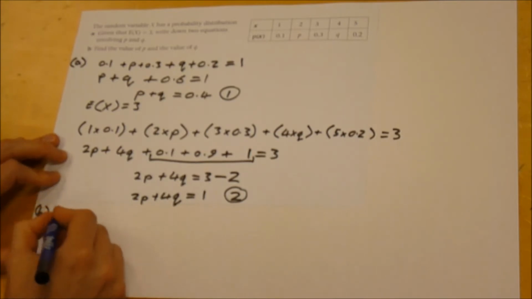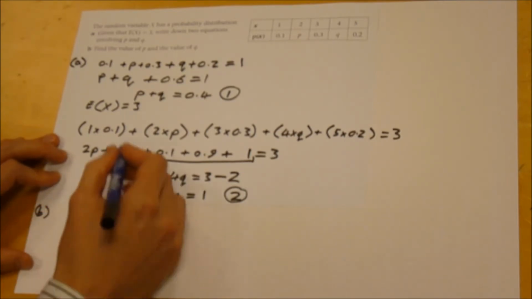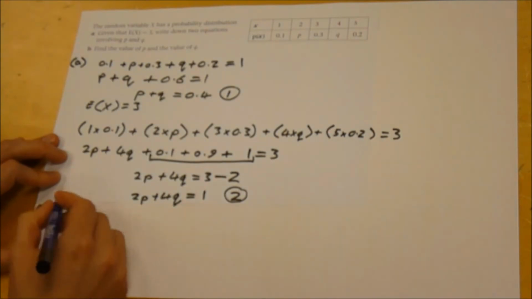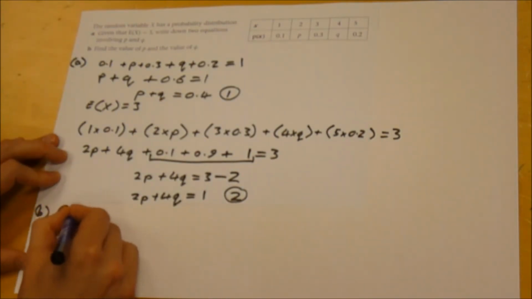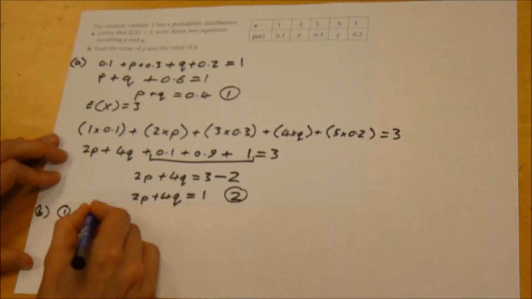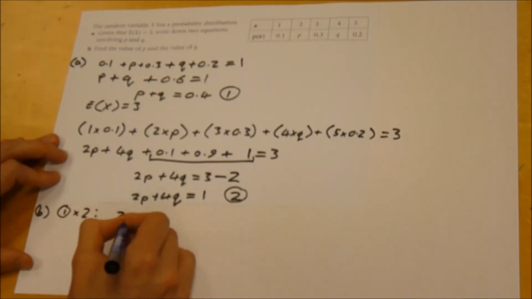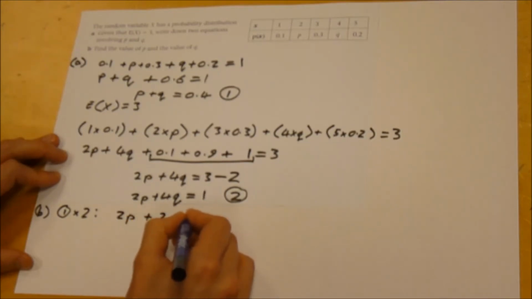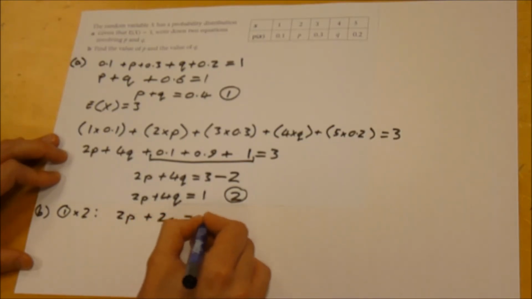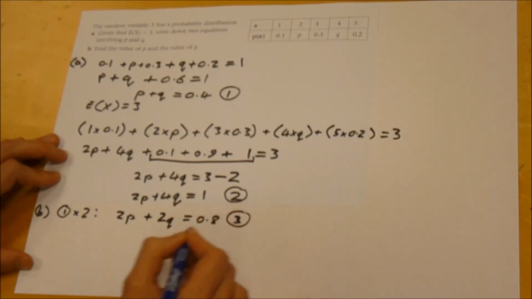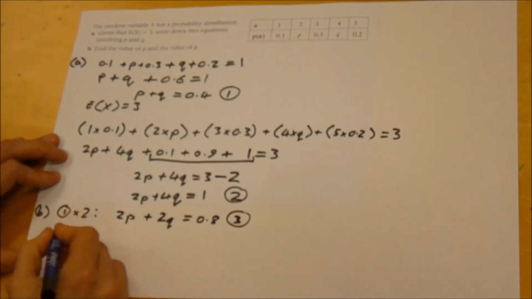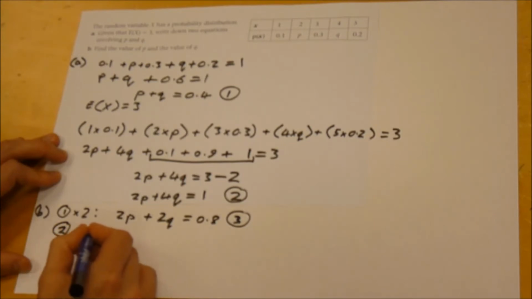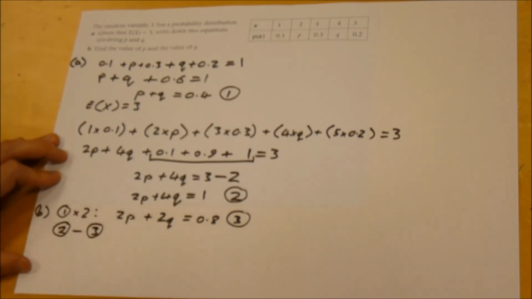So what I'm going to do is look for 2p to get rid of it. That seems like the easiest. So I'm going to do equation 1 times by 2. So that gives me 2p plus 2q equals 0.8. We'll call that equation 3. And then to work out the values, what I'm going to do is equation 2 take away equation 3.